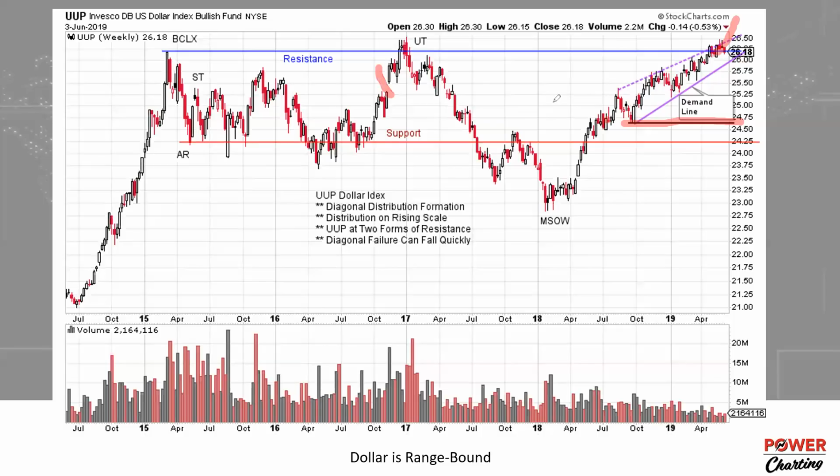Now, over here would be an example of a distribution that's occurring on a horizontal basis. And here is an example, potentially, we don't know yet, of distribution occurring on a scale up. So let's have a discussion about this.